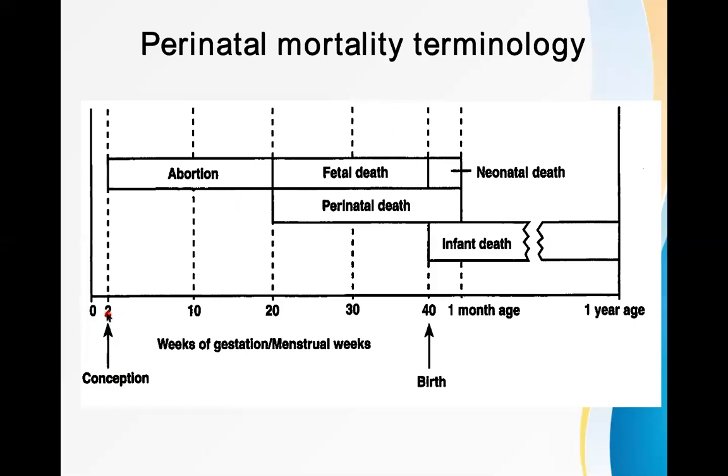What happens after that? This is the period of pregnancy. See here, 40 weeks. Now 40 weeks is the average duration of pregnancy. Okay, so you can say this 0 is the last menstrual period, or LMP. Now fertilization occurs nearabout in the 2nd week, and after that implantation occurs.